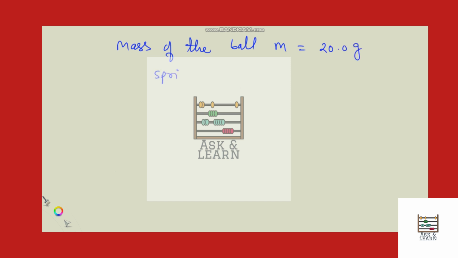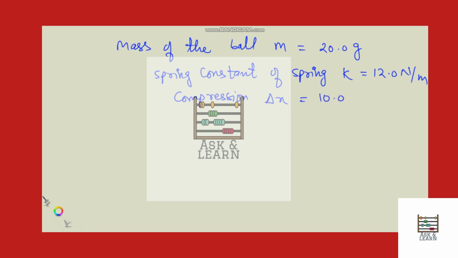The spring constant of the spring being used in that gun, that is K, is equal to 12.0 Newton per meter. The compression in the spring, delta X, is equal to 10.0 centimeter.